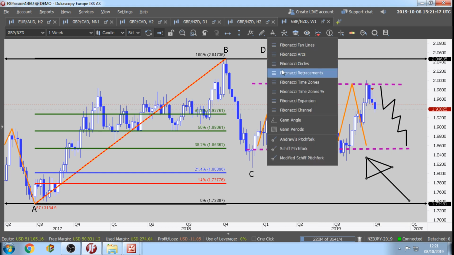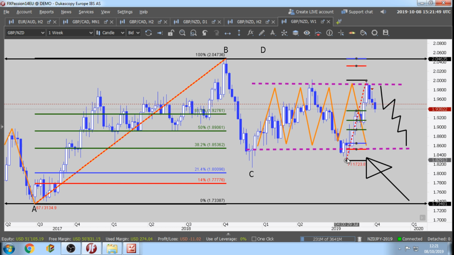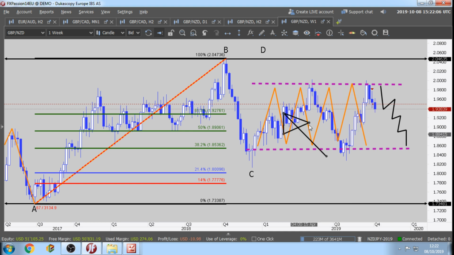What can I do? I can put a Fibonacci up in here, right? But can I trade the sideways movement? I can't, right? The chart is too big, but we are going to trade the Fibonaccis inside the sideways channel on the smaller scale, 1-hour chart, 2-hour chart.